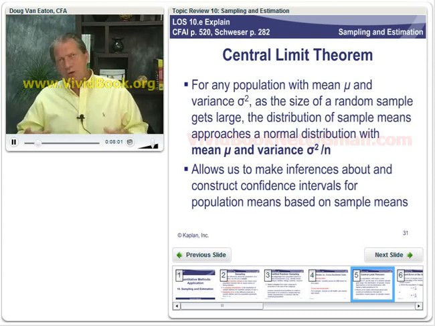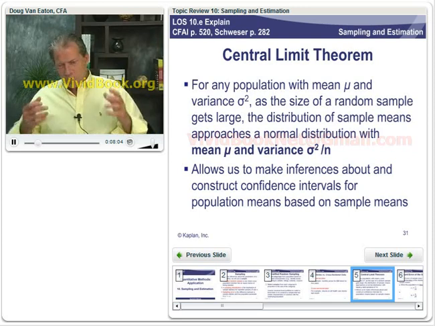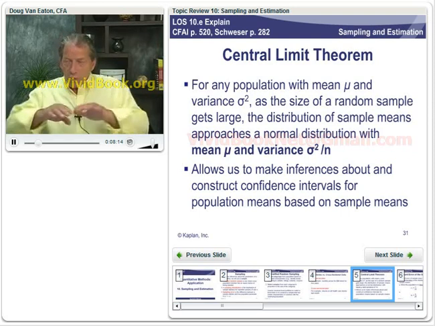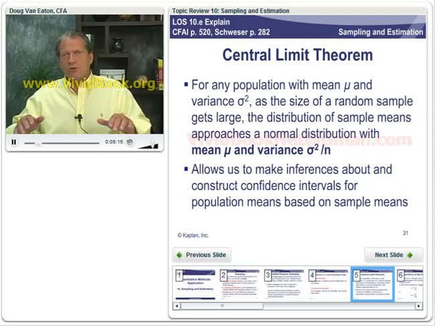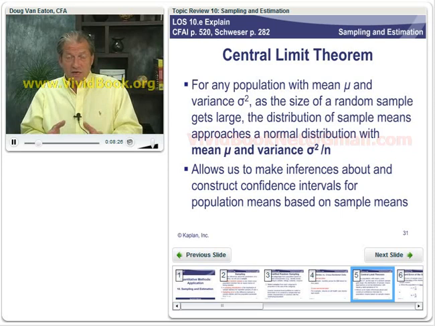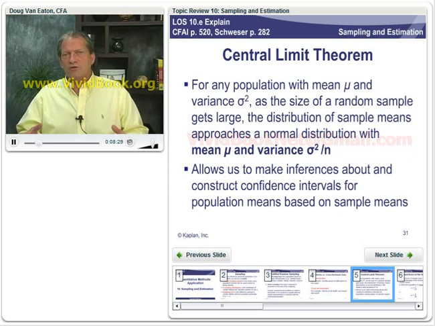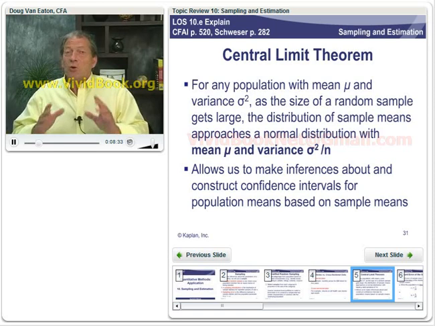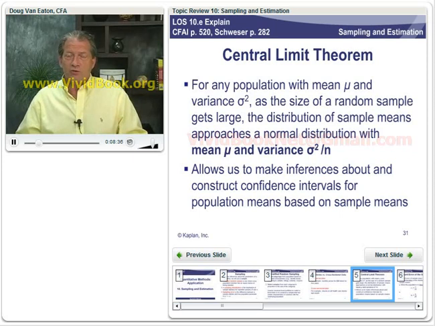So let's go back to the barrel. Go back to the barrel with all the numbers in it. Remember, we were going to try and get a grip on the true mean of the population by drawing these samples of size 10. And we had our sampling distribution of sample means, sample statistics, around the true mean. What the central limit theorem tells us is as this 10, my sample size, gets larger and larger, this distribution of sample means around the true mean is going to start to look like a normal distribution.